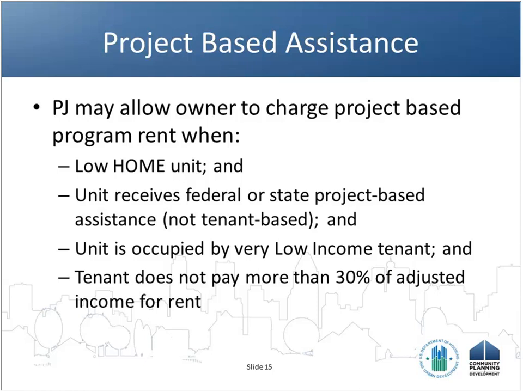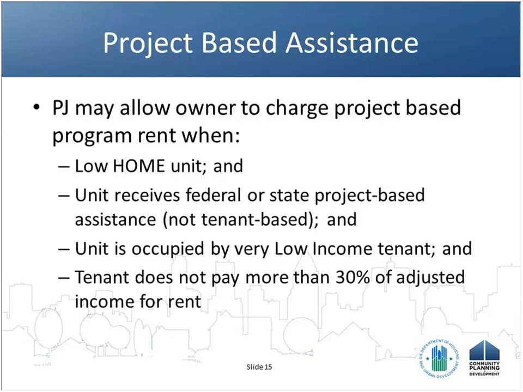And in this case, our tenant is very low income, so they're at 50% or below, and they're not paying more than 30% of their adjusted income. So in this limited circumstance, in a low HOME unit, the HOME program is allowing the owner to exceed that low HOME rent and actually charge up to whatever our project-based limit would be.